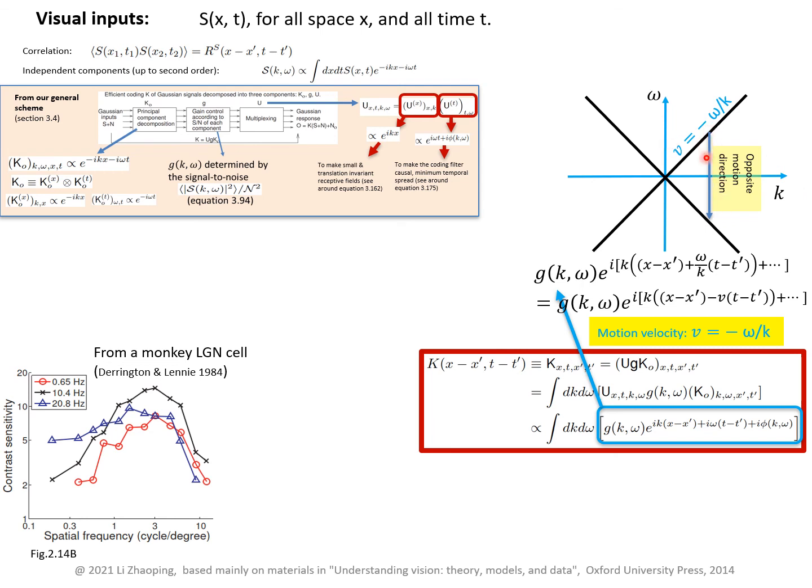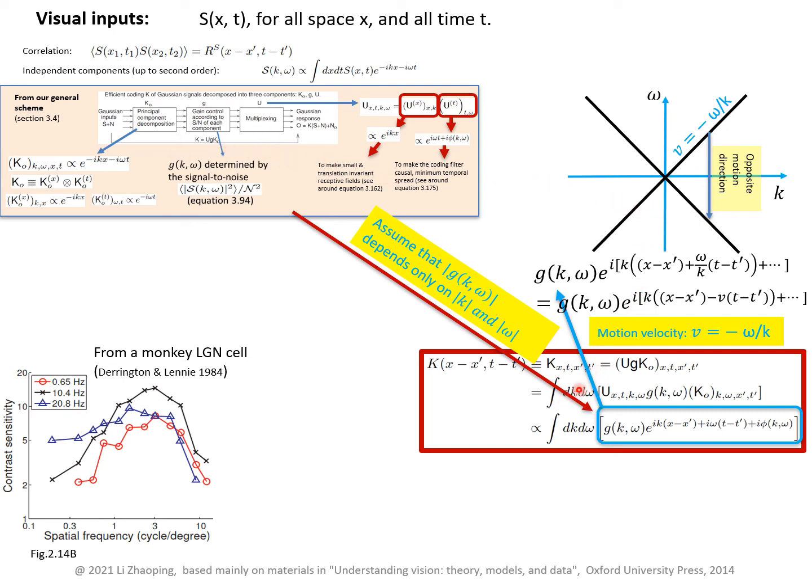Therefore, if the corresponding sensitivities here, G(k, omega), for these corresponding frequency pairs are equal, which can be assumed if the natural scene has equal signal power in these corresponding frequencies. Note that the gain is only determined by the signal to noise in these frequencies, so if they have the same signal power, then they should have the same signal gain according to the efficient coding assignments.